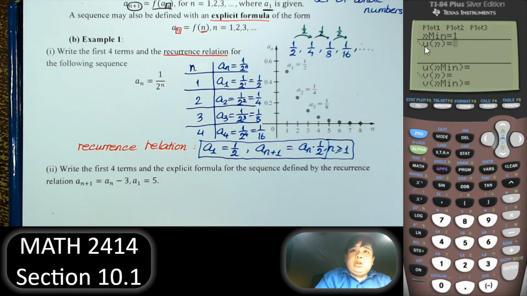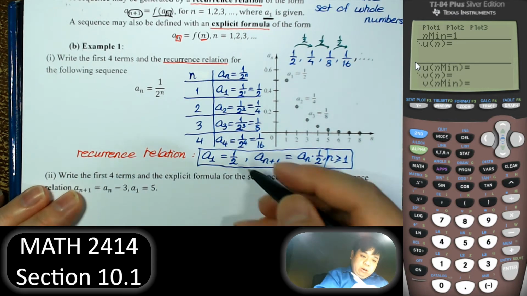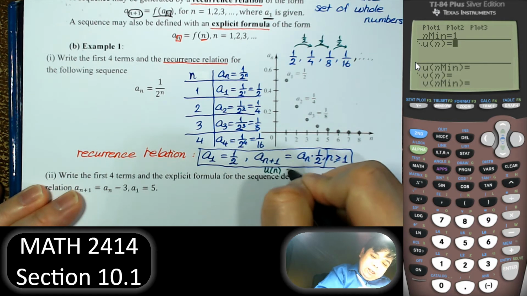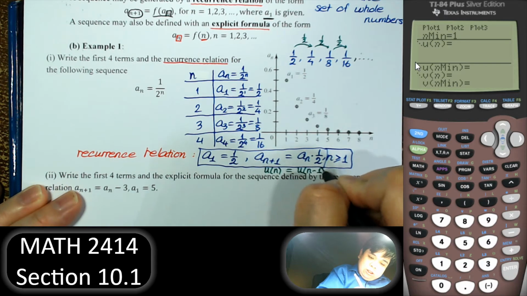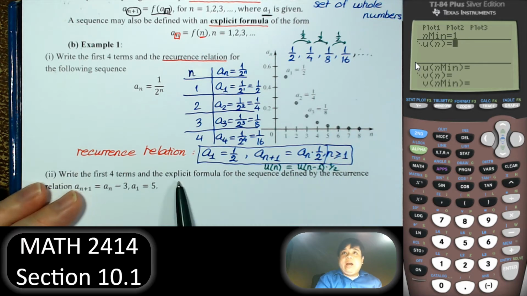We say it's going to be u of n instead of a1. So input here is in the form of a function. In the calculator it will be u sub n equal to u sub n minus 1 multiplied by 1/2. So that's what we have to put.